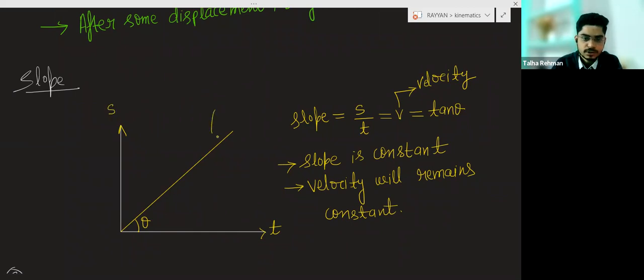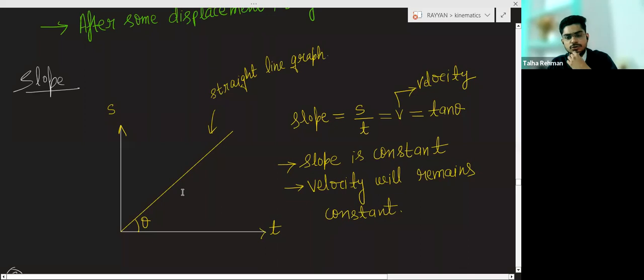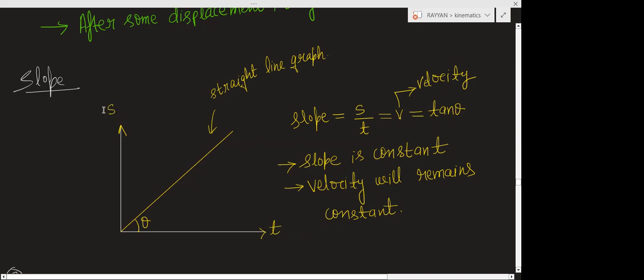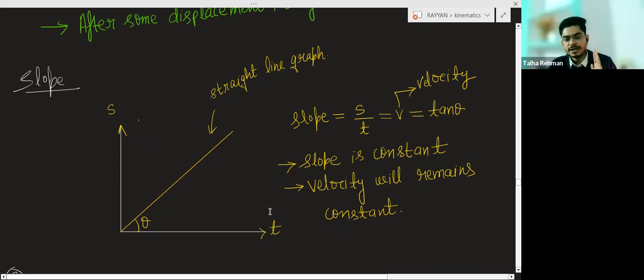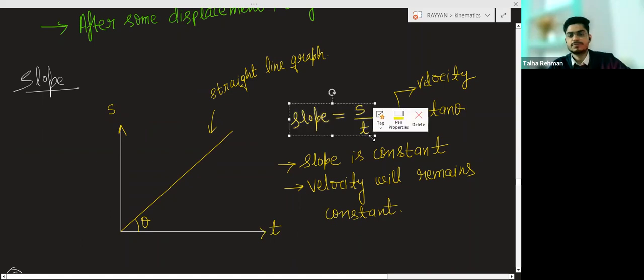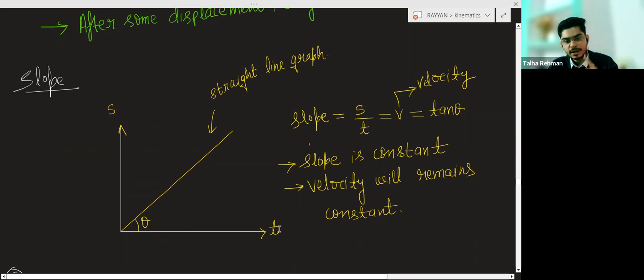The slope of this graph is given by the physical quantity on the y-axis divided by the quantity on the x-axis. Displacement divided by time will be the slope of this graph.